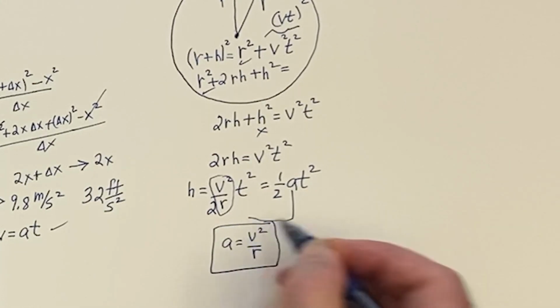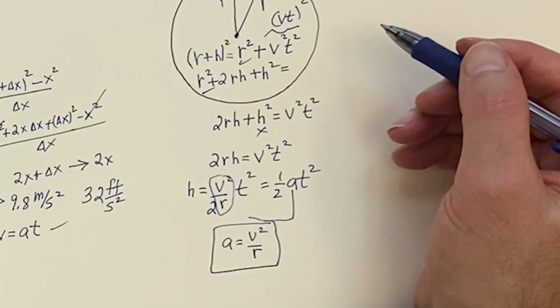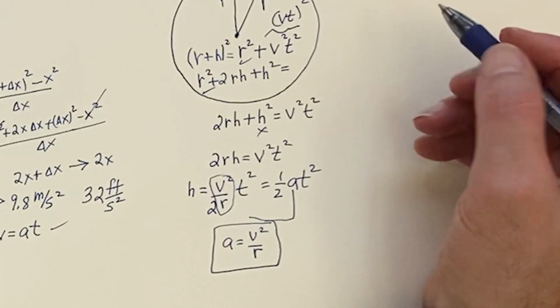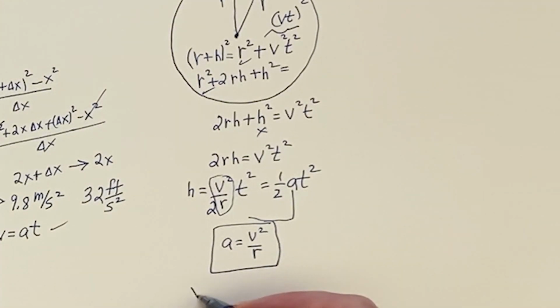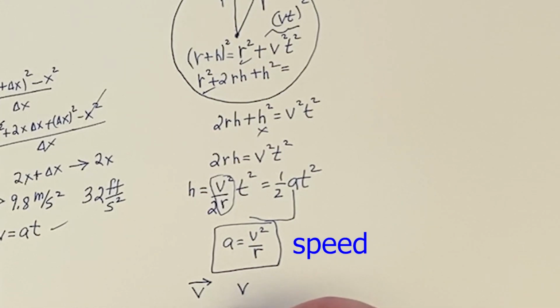So this is acceleration due to changing direction, not changing the speed. Like the speed stays the same. You can think of the velocity as a vector where you put a little arrow over it, and you can change the magnitude, the v, like going 50 miles per hour to 51 miles per hour, or you can keep the speed the same and go in a circle, and you are accelerating.